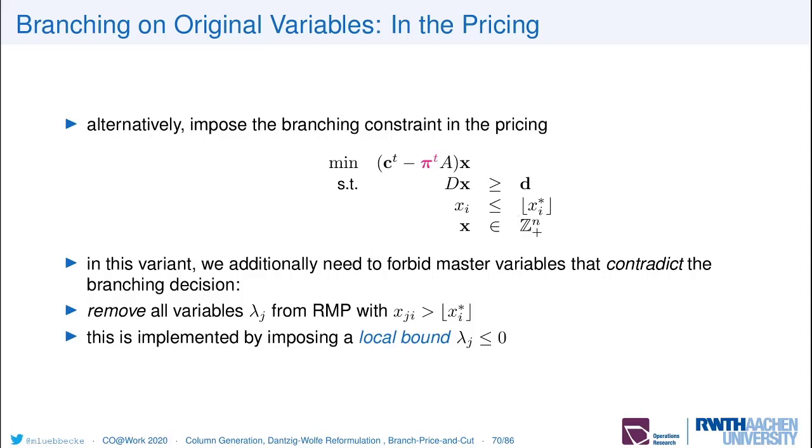Okay, so no new variables which are not consistent with branching, but old ones which you still already have in your master problem could contradict the branching decision. So you would have to remove all these variables from the restricted master problem, and you would not really physically remove them, but you would put local bounds in the node to fix these variables to 0.